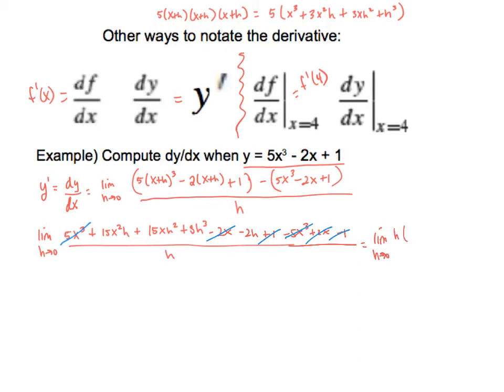So that would be an h times 15x squared plus 15xh plus 5h squared, and minus a 2, all over h. The h's cancel. Evaluate at 0, so 15x squared. 15xh goes to 0. 5h squared goes to 0. Minus 2 is the derivative of y.